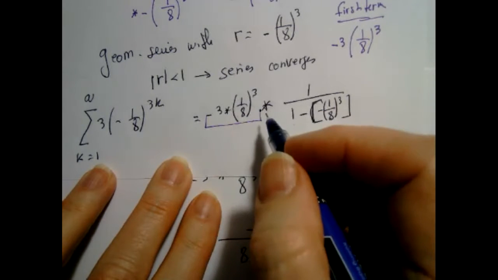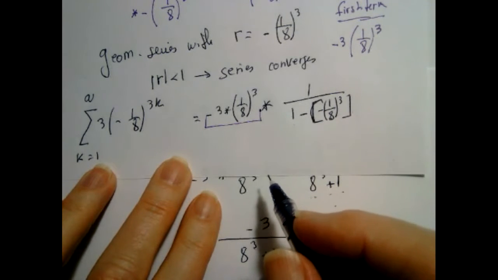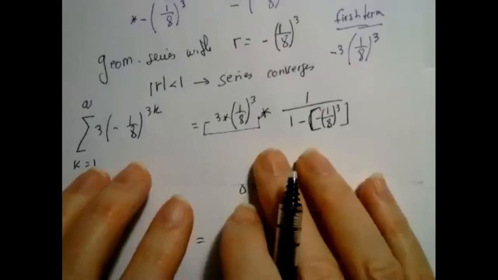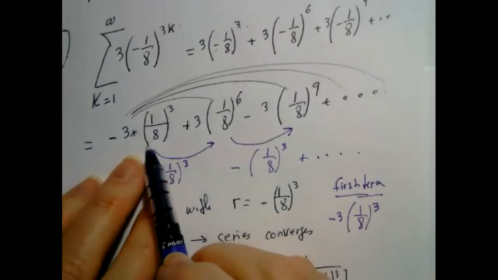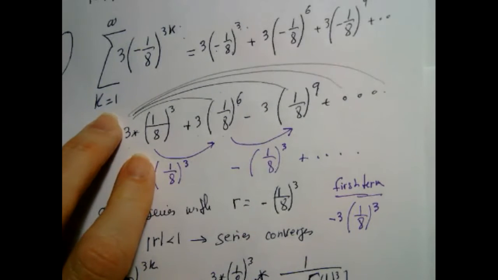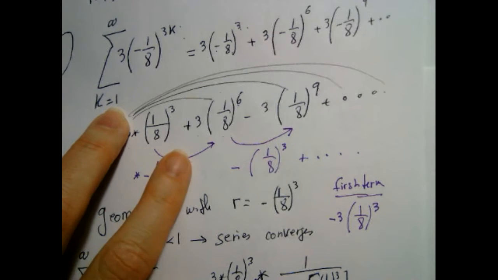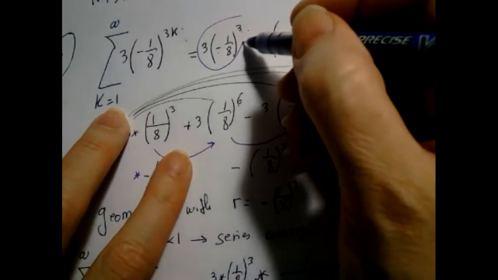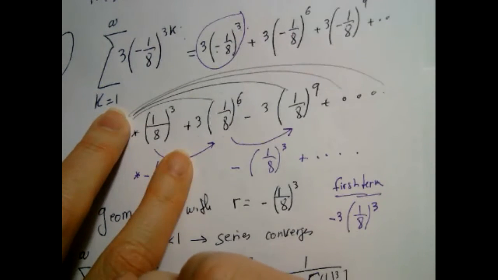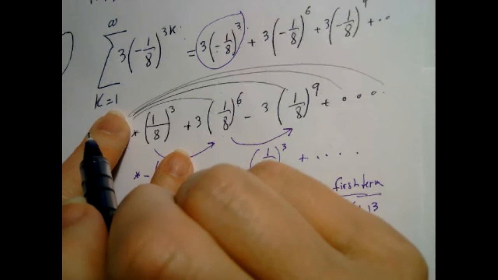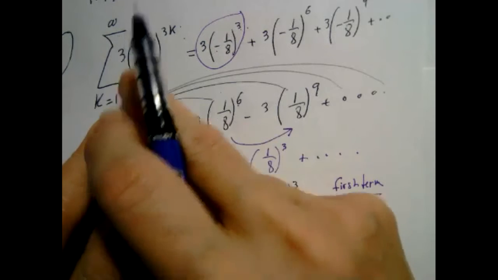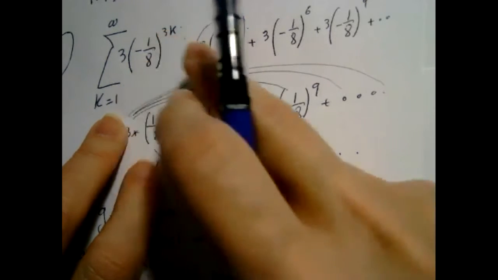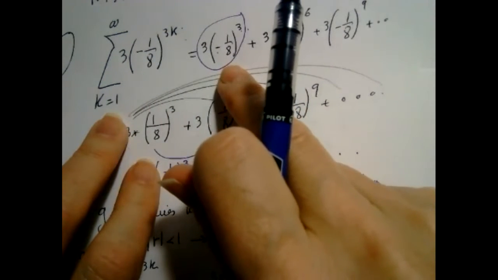Yeah, well, I understand the 3, because you always have to multiply by a. Yeah, the formula tells you that; that's what the formula really is, the first term. So because I'm starting at 1, I'm not starting at 0, my first term is going to be actually that one. In your case, the way you're doing it is correct, but it's actually more complicated, because you're doing it from 0 to infinity, and then you're going to subtract something from it.